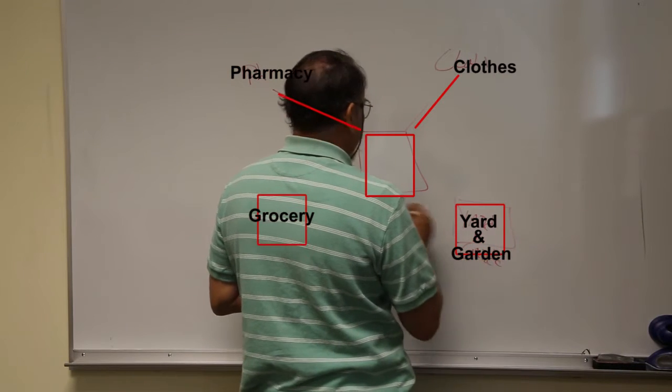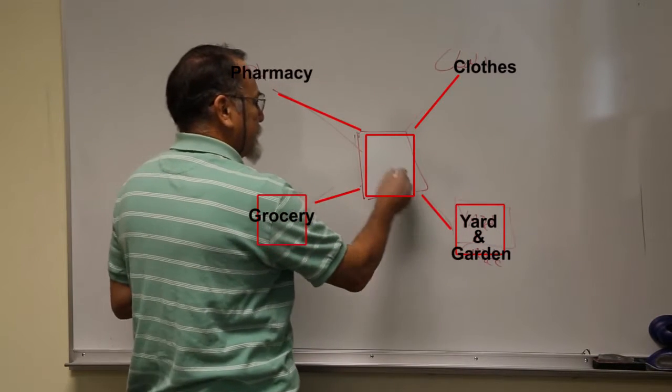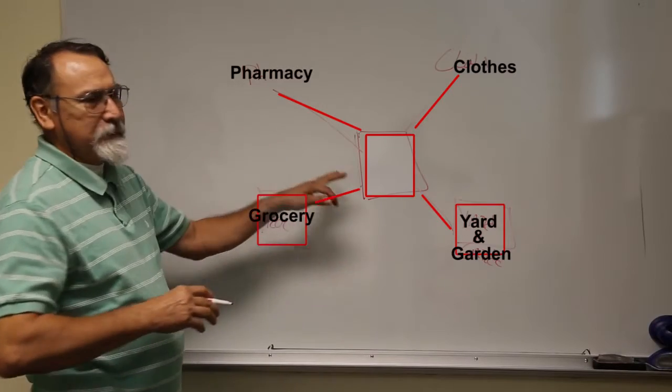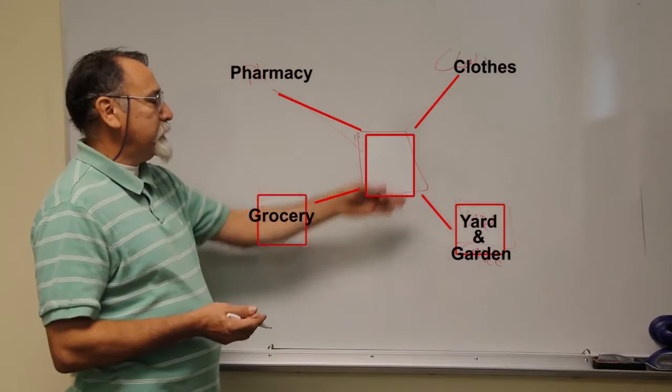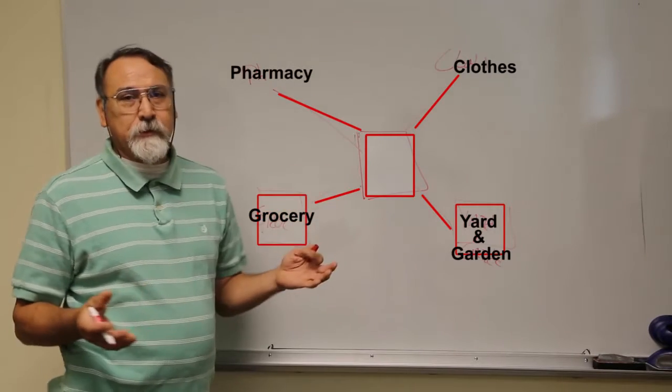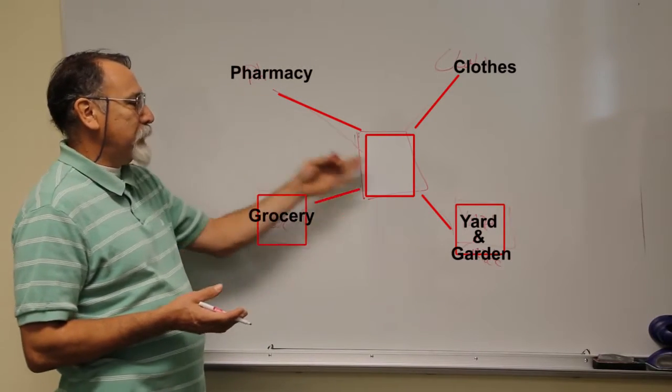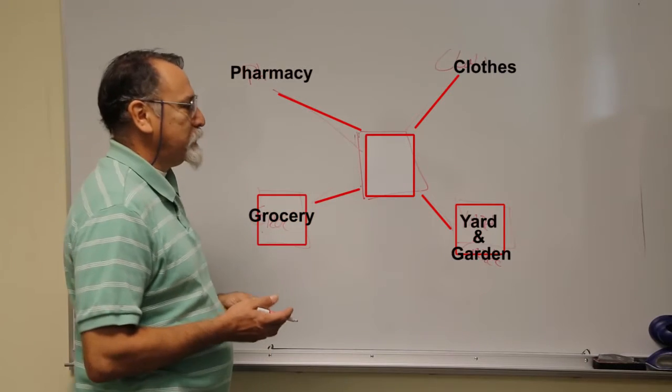In the old time, when they all hit the same centralized computer, it would slow things down. In this environment, you would have to prioritize. The pharmacy would have priority because of the health and safety issue.